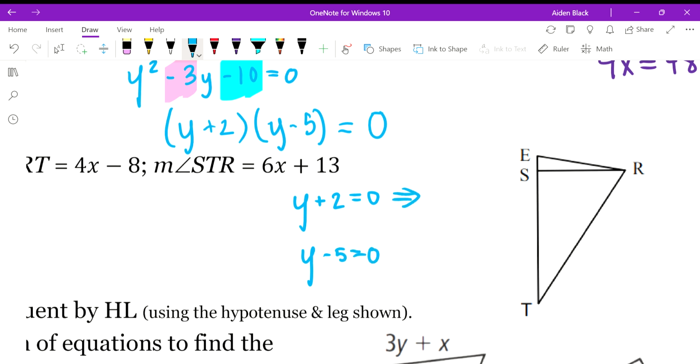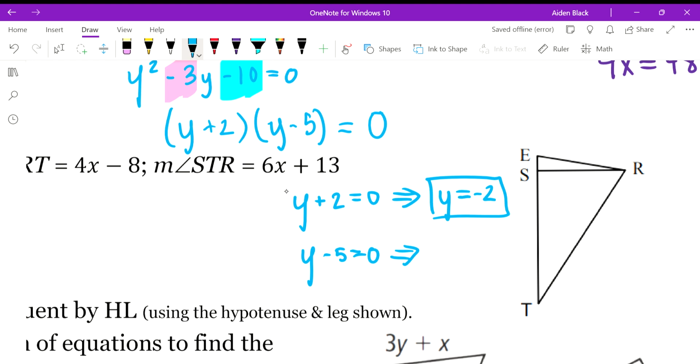So if y plus 2 equals 0 to make that equation true, then y must equal negative 2. So there's one solution. Notice if I plug in negative 2 here, in that parentheses, negative 2 plus 2 is 0. 0 times anything is 0. So hopefully that helps you understand the point in the process of solving quadratics by factoring.